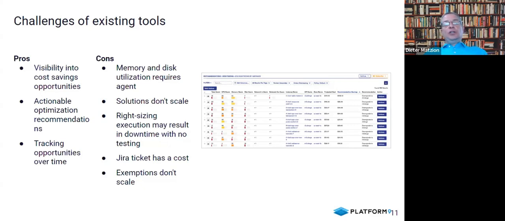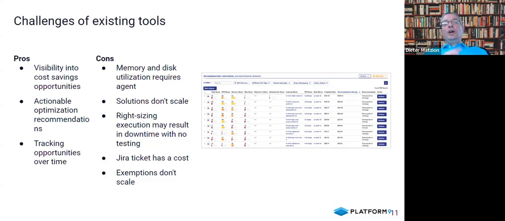Next, let's take a look at this action button, right? What are the different things this action button can do? For one thing, it may just execute the right sizing recommendation, right? So we are going back to, we have some operating system running, like maybe Linux. We have a web server running on this, right? Like Node.js or something like that. And we have a shopping cart application, which is our own software that we produced, right?